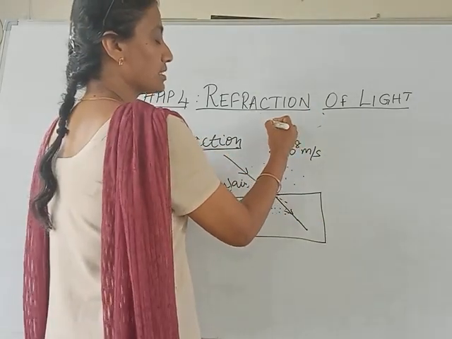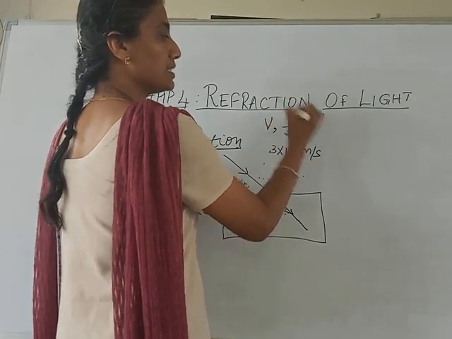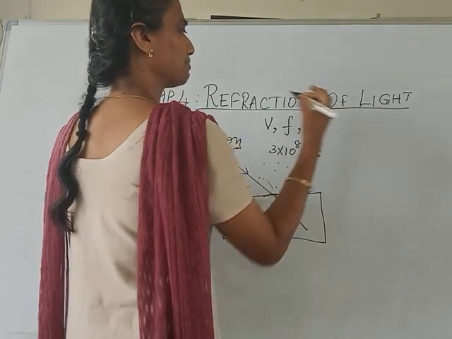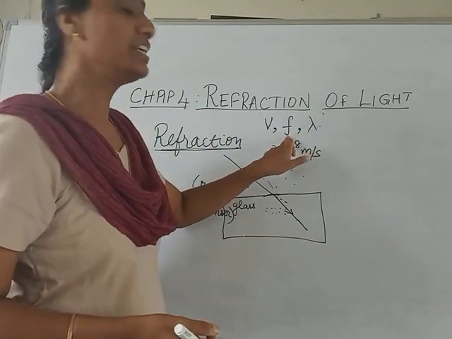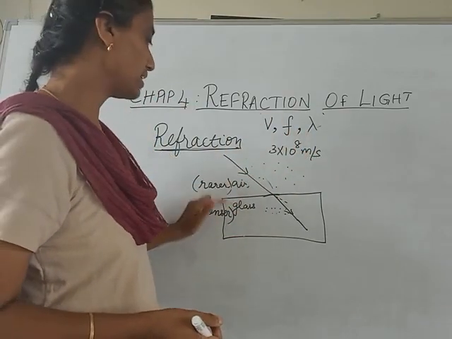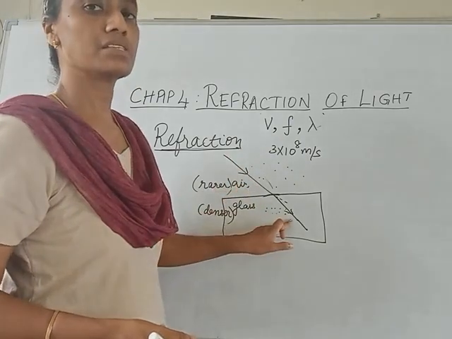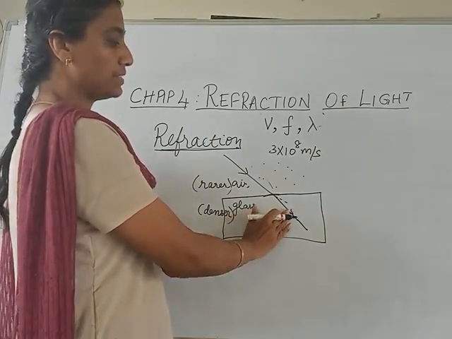Now there are three things if you remember: velocity of light, frequency of light, and wavelength of light. Velocity might change, wavelength might change, but frequency will not change even when it has entered into another medium. With whatever frequency it came, the same frequency will be here also. So what happens now?